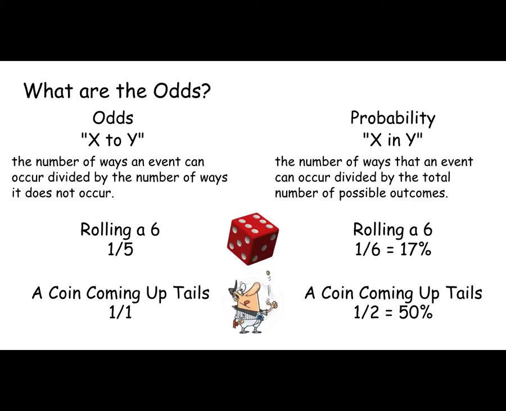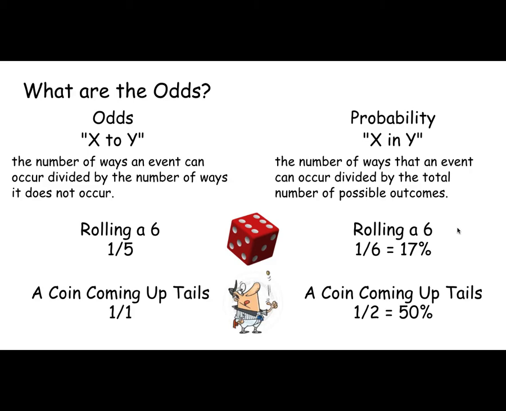And the distinction is important. In casual conversation, people often use the words odds and probability interchangeably, and they have a distinct difference. The odds is a ratio of the number of ways an event can occur over the number of ways it can not occur.